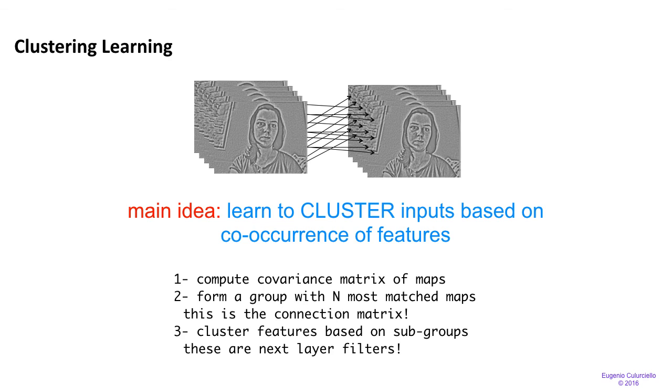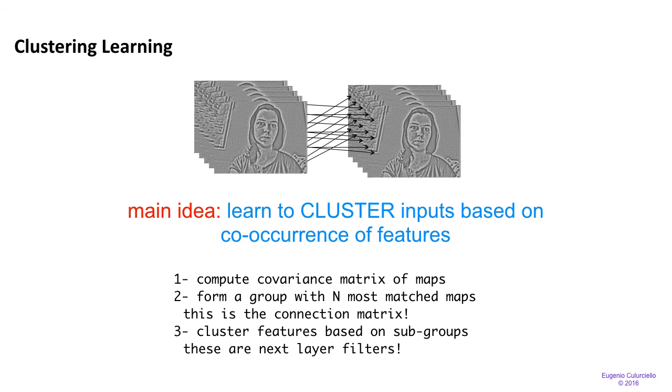What we can do is compute the covariance matrix of the maps. Once we have the maps after the first layer, we form groups of the maps that are the most similar. We say, okay, all of these will be added together into the next layer. Then we repeat the clustering technique, taking patches of these groups.